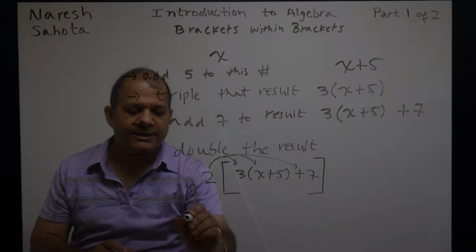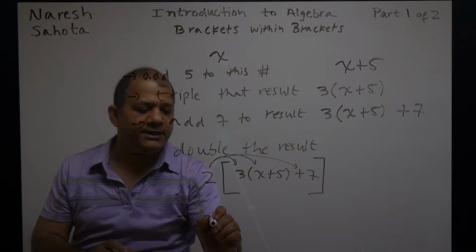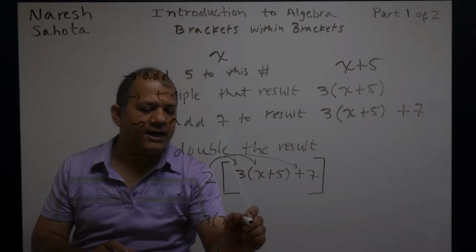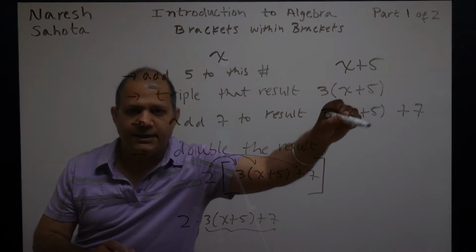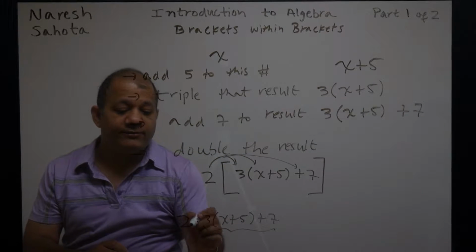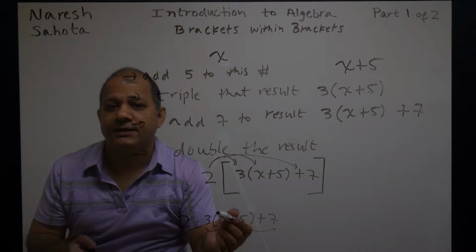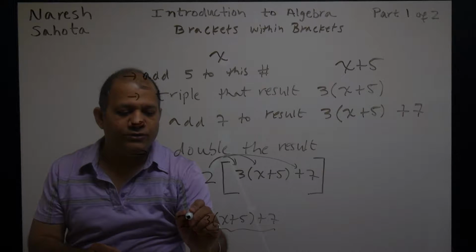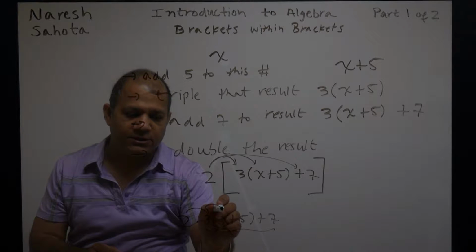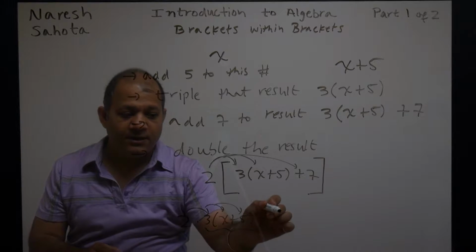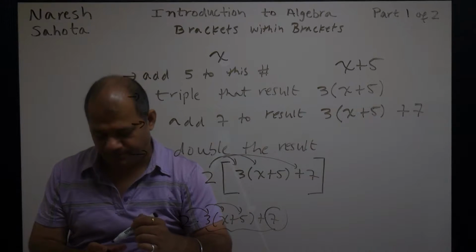Now if I were to write, let's say, 2 times 3 times x plus 5 plus 7, remember this I copied from here, somebody might say, well, if you just put 2 in front, you're doubling it, but you're not, because 2 then only gets multiplied with the 3, becomes 6, then that 6 will multiply with the x and the 5, but the 7 is left out.